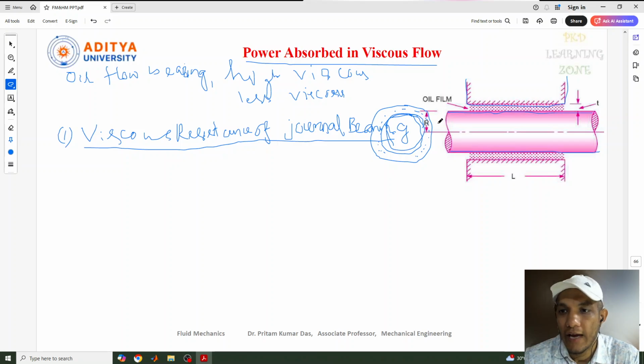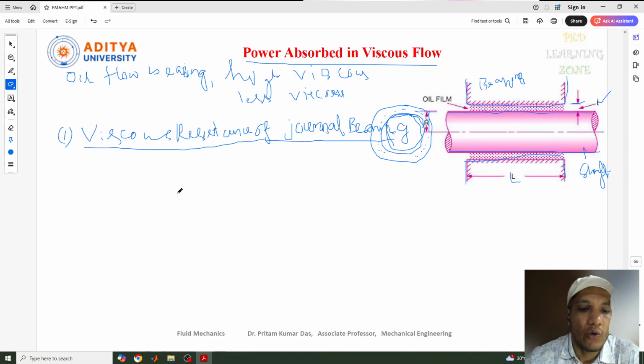The shaft has a diameter D, and radius R. Between the shaft and the bearing we have an oil film, which has a thickness of t, and the length of this part is L. So we have considered a shaft of diameter D rotating in a journal bearing.